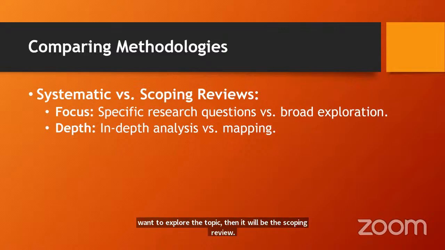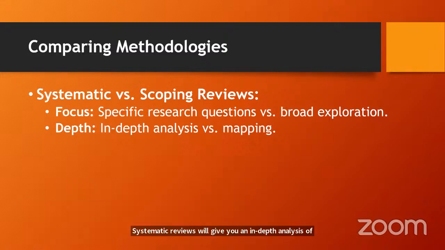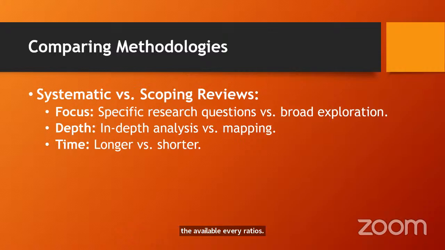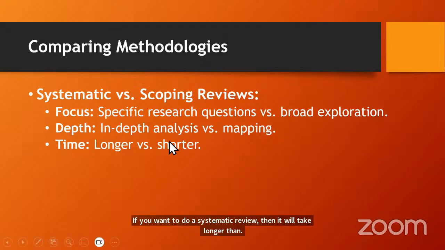Another one is the depth. Systematic review will give you an in-depth analysis of the evidence, while scoping review gives a broad overview and mapping of the available research. If you want to do a systematic review, then it will take a longer time due to the comprehensive search and appraisal.